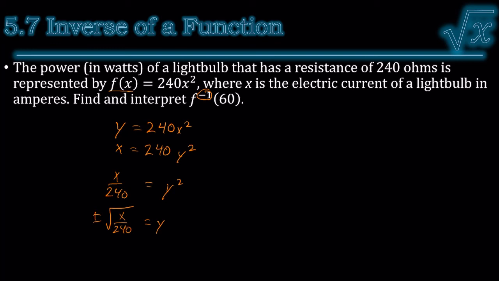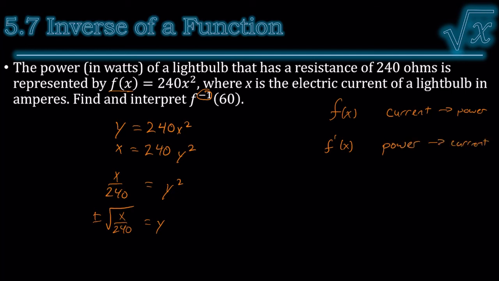What does this actually mean? Well, the original f went from current and gave us power. So our inverse is going to be inputting power and giving us the current.